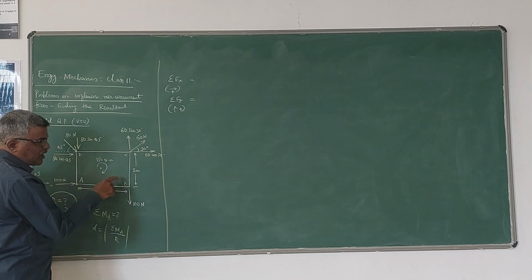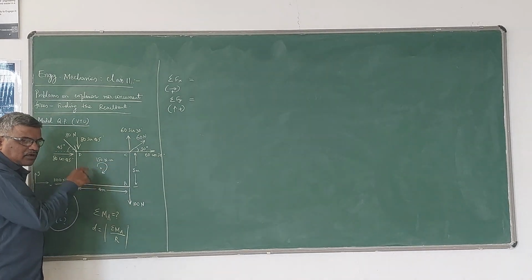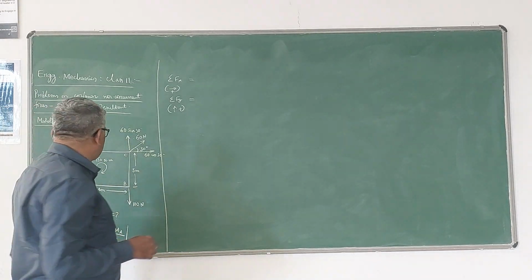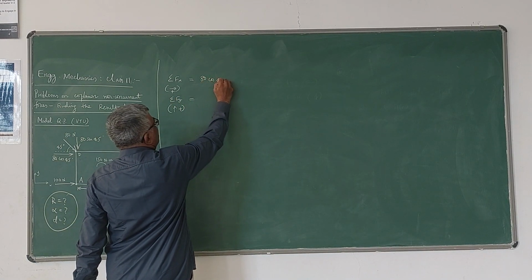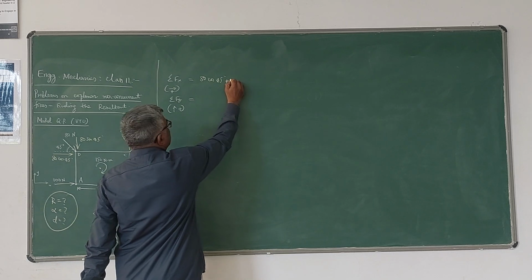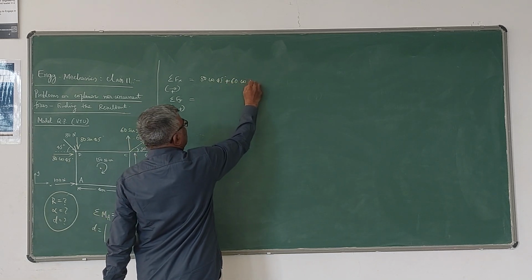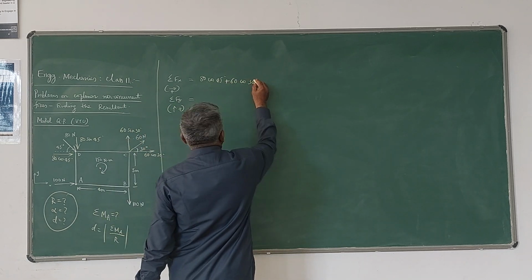When you are writing sigma Fx, sigma Fy, this external couple moment should not be considered. So sigma Fx is 80 cos 45 plus 60 cos 30 plus 100.